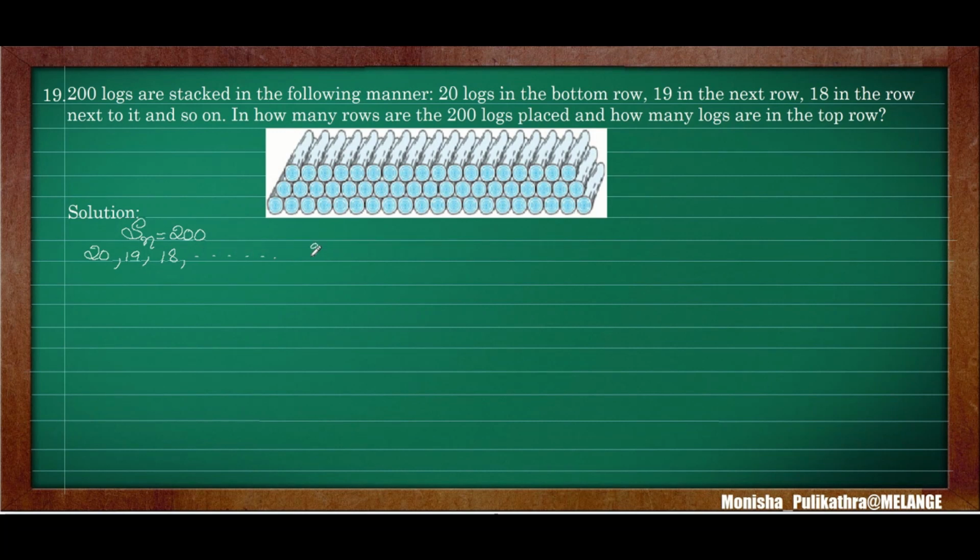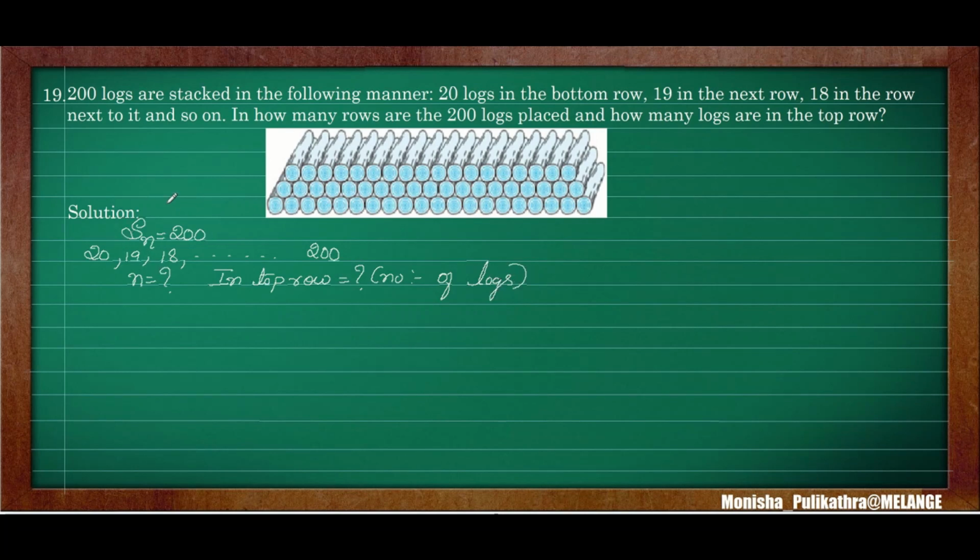So the total number of logs is 200. We need to find out in how many rows they have been placed, so the total number of rows we need to calculate, and how many logs are placed in the top row.